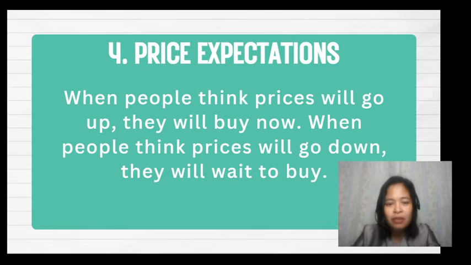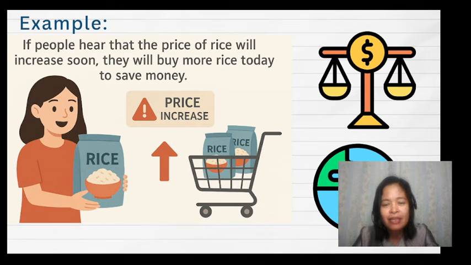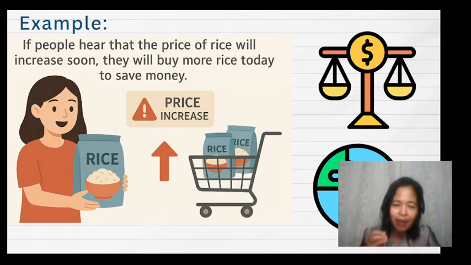So let's move on to the fifth. We have here some example of that price expectation. So look at here. If people hear that the price of rice will increase soon, pag may nabalitaan yung mga tao na tataas yung presyo ng rice, they will buy more rice today to save money kasi ngayon mura pa, no?